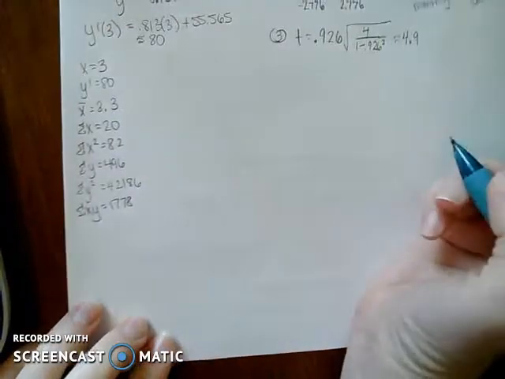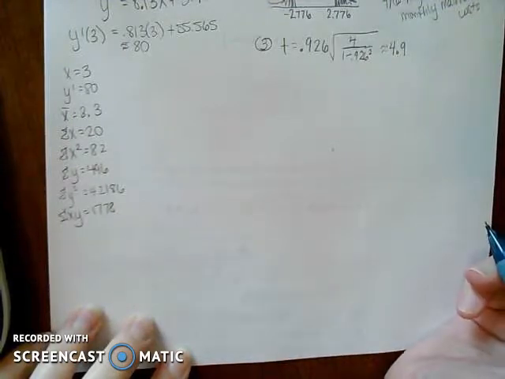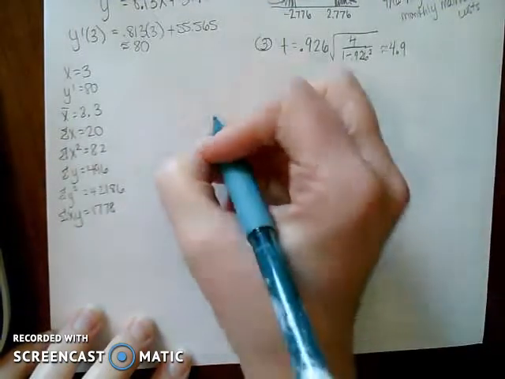Okay, so again, to do the prediction interval, it doesn't tell us to find the standard error of the estimate. You just have to remember to do that because it is in the prediction interval.